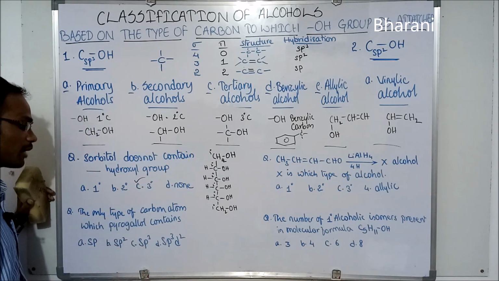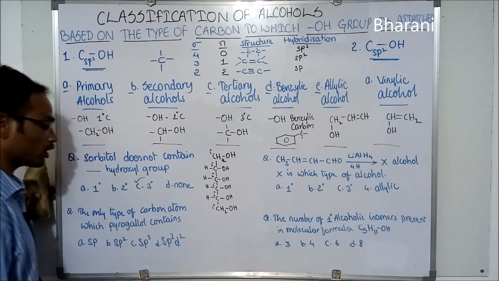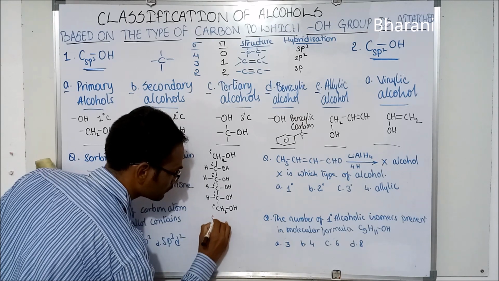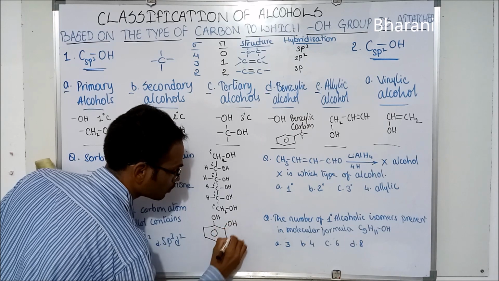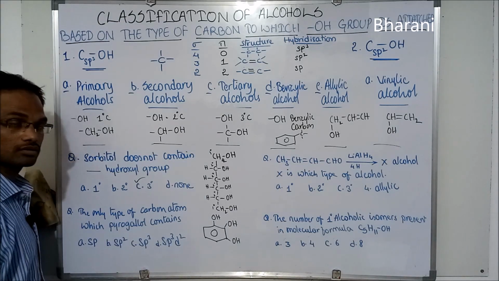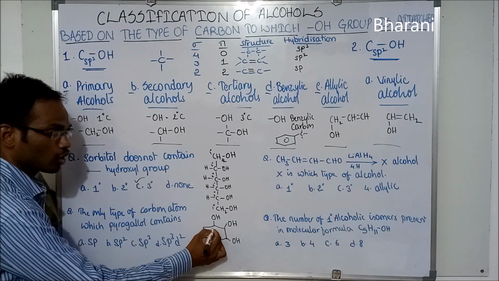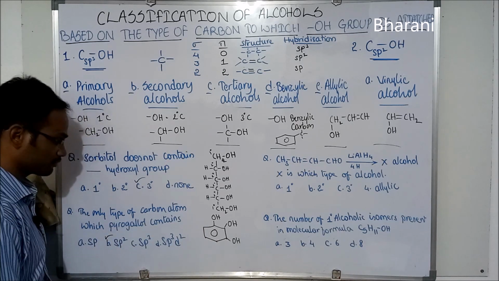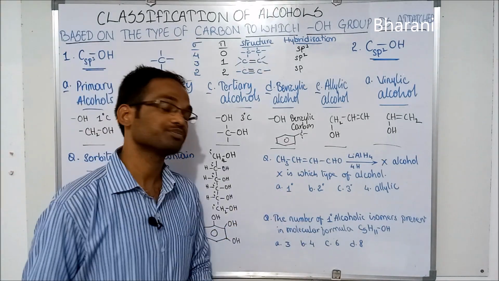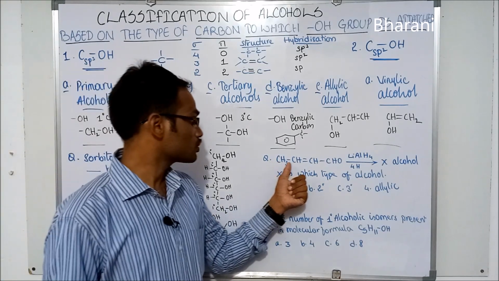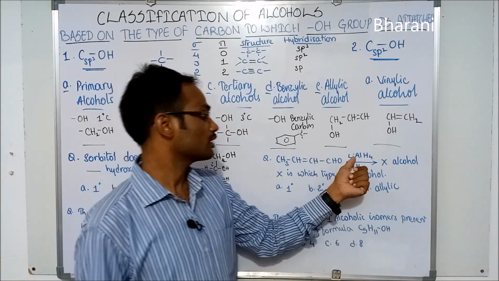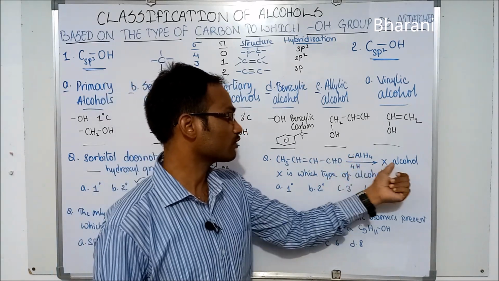Then next, the only type of carbon atom which pyrogallol contains. See the structure of pyrogallol: a benzene ring with OH OH OH. All the benzene ring carbon atoms are sp2 hybridized. Pyrogallol contains only sp2 carbon atoms. Next, CH3-CH=CH-CHO, that is an unsaturated aldehyde. Upon reduction using lithium aluminum hydride, we get an alcohol.